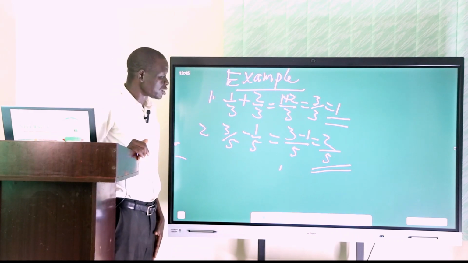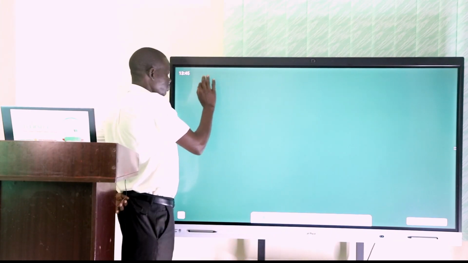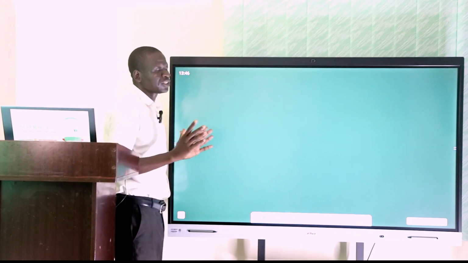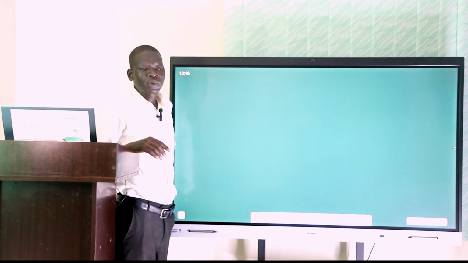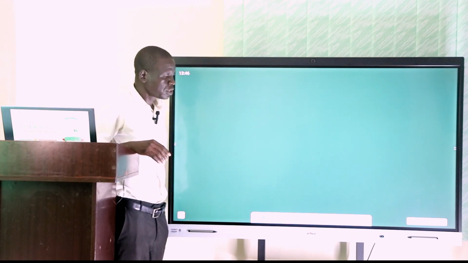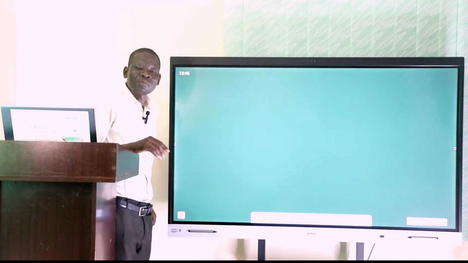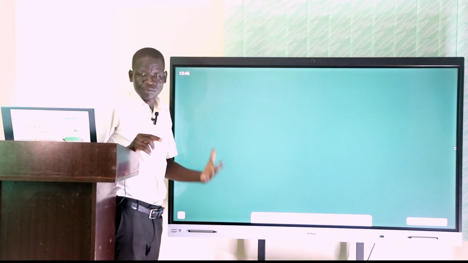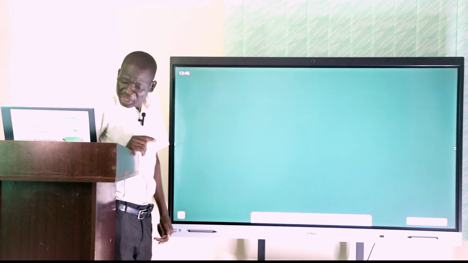The LCM stands for lowest common multiple. So if the denominators are not the same, we have to obtain the lowest common multiple of the denominators. After getting the lowest common multiple, we divide it by each of the denominators, and then we get the answer.